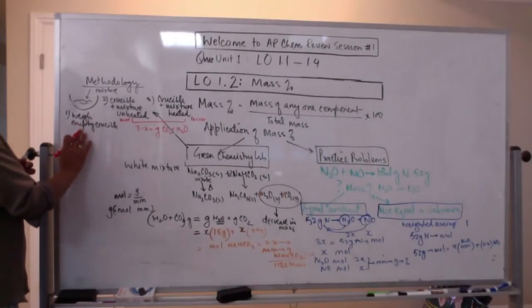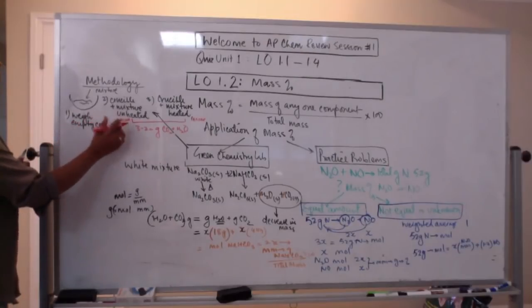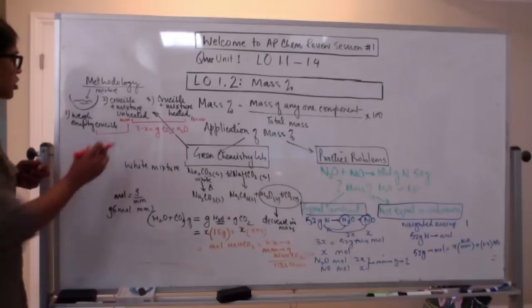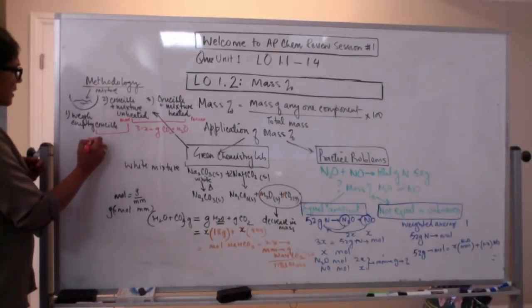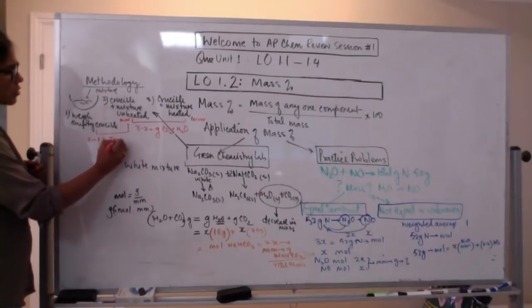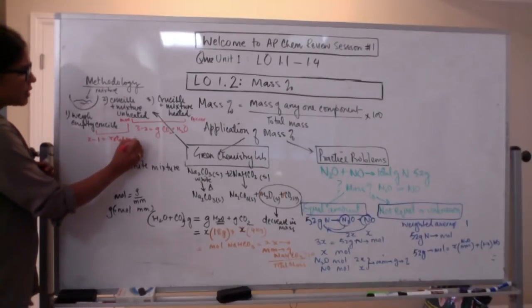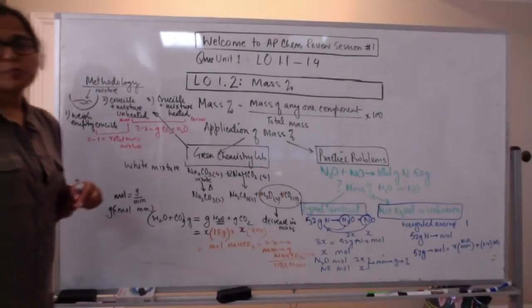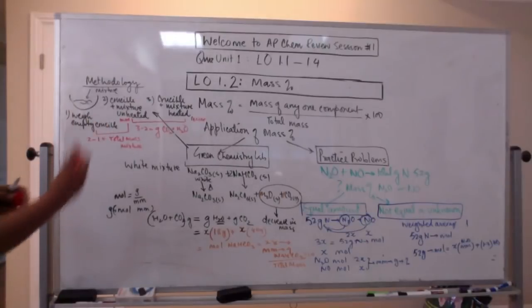The empty crucible is needed for the mass of how much mixture you took. To get the mass percent, you need the original mass. So if you subtract the mass of the empty crucible from 2, you get the total mass of the mixture, and that is needed for mass percent. So this was the methodology, pretty simple.